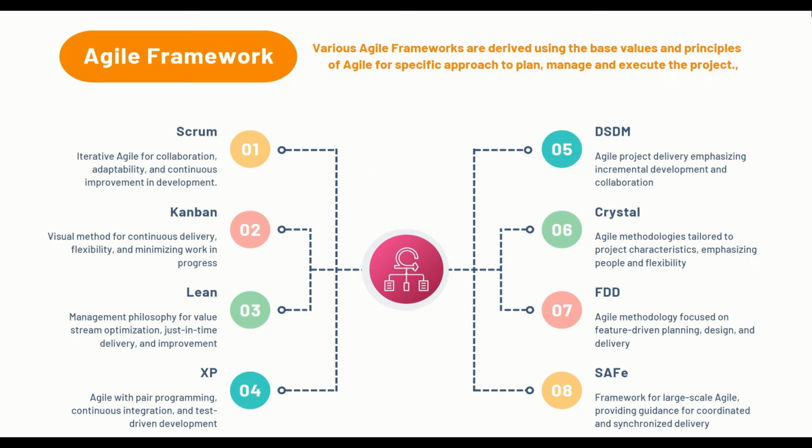Agile framework. What happens? Agile has certain values and principles, which we have just now gone through. Agile has four values and 12 principles. By using those core values and principles, different frameworks are derived.